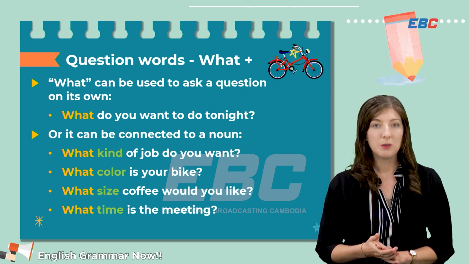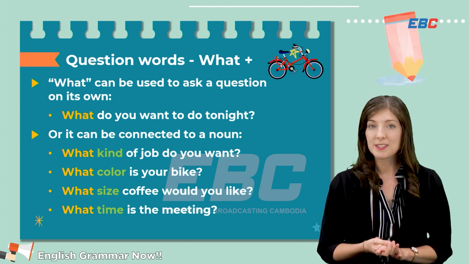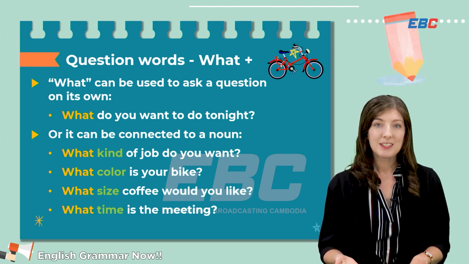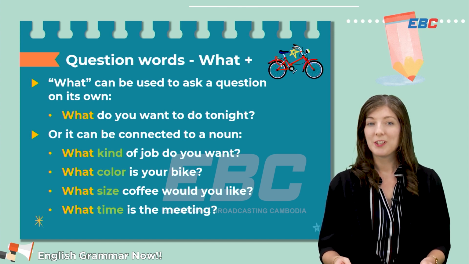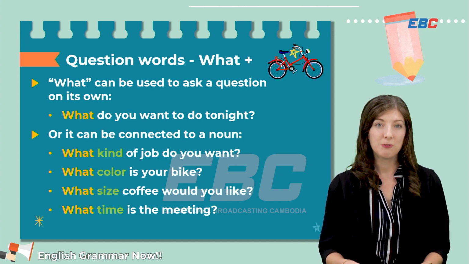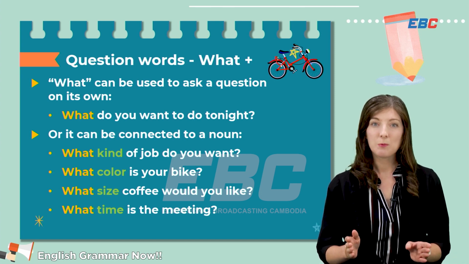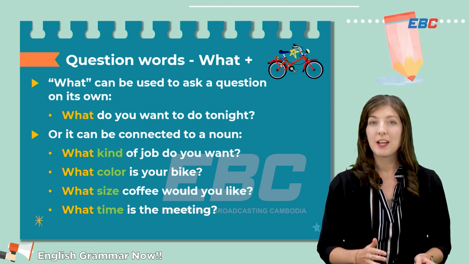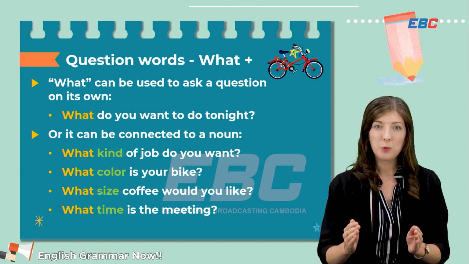For example, we could ask, what kind of job do you want? We could ask, what color is your bike? We could ask, what size coffee would you like? Or, what time is the meeting? These phrases, where we have put what together with a noun, help us to ask a more specific question.